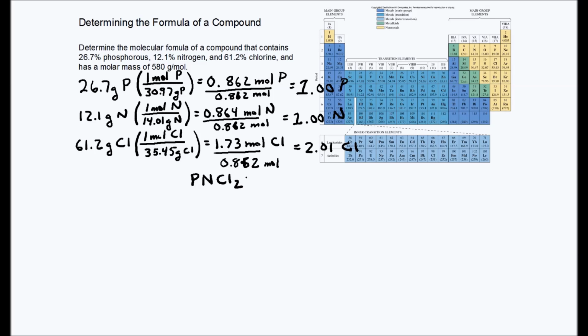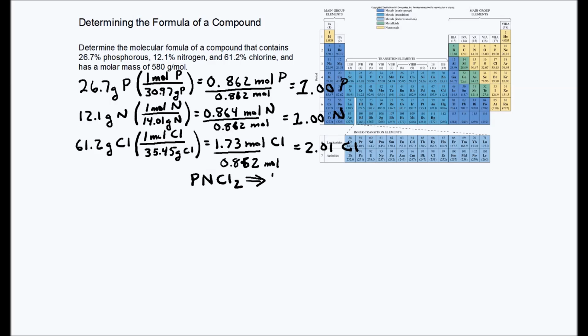Now, because I know this, PNCl2, I can determine the molar mass of that empirical formula. 1 times the mass of phosphorus is 30.97, plus 1 times the mass of nitrogen, 1 times 14.01, plus 2 times the mass of chlorine, 2 times 35.45.